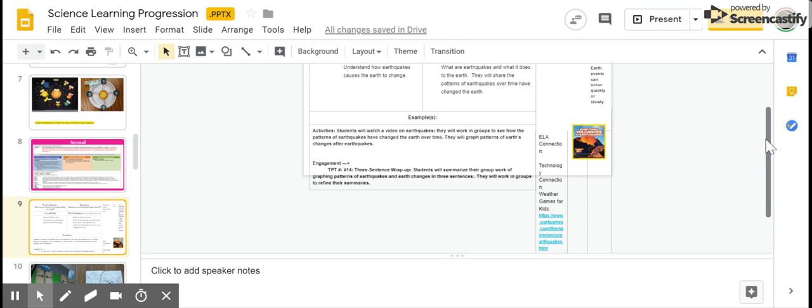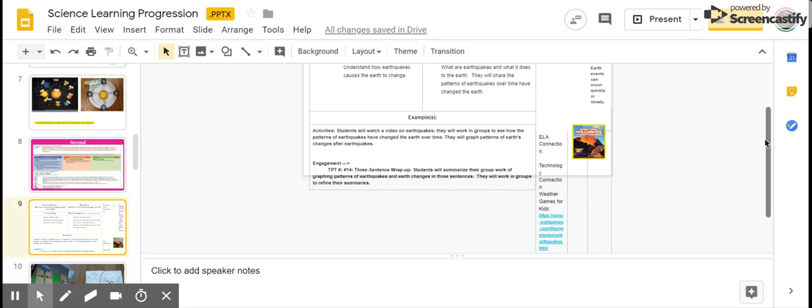The activities that they will do: students will watch a video on earthquakes. They will work in groups to see how the patterns of earthquakes have changed the Earth over time, and then they will graph those patterns of the Earth's changes after the earthquakes. The TPT classroom technique will be technique number 14, the 3 sentence wrap up.